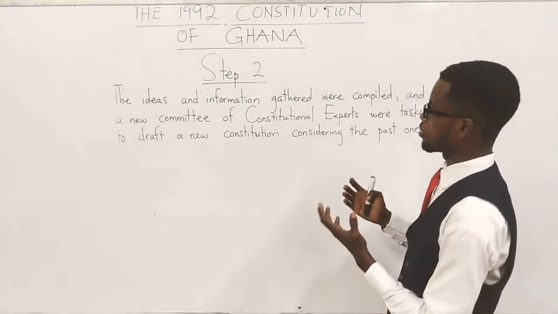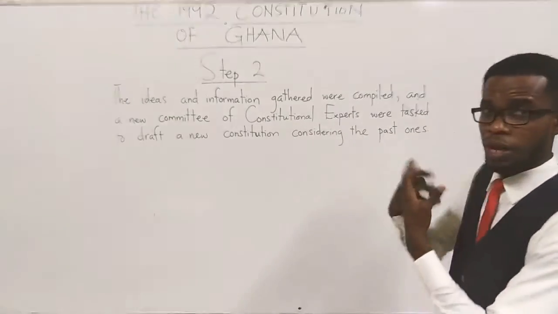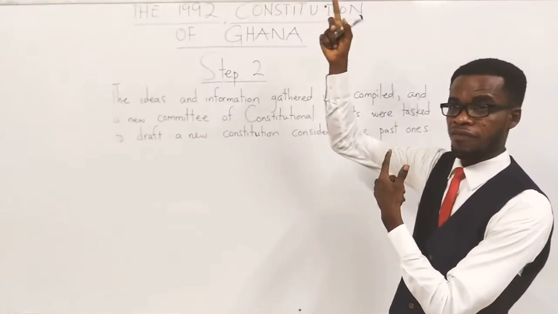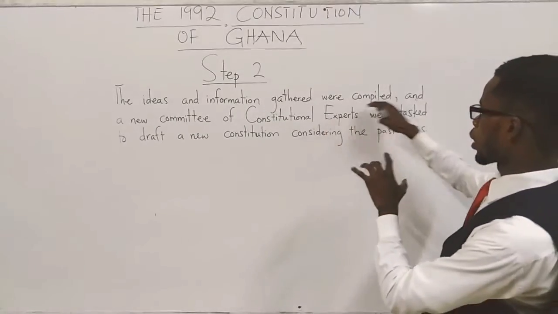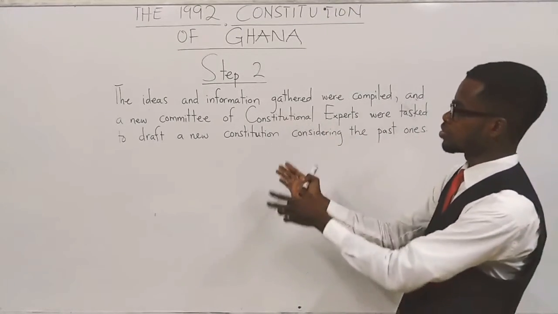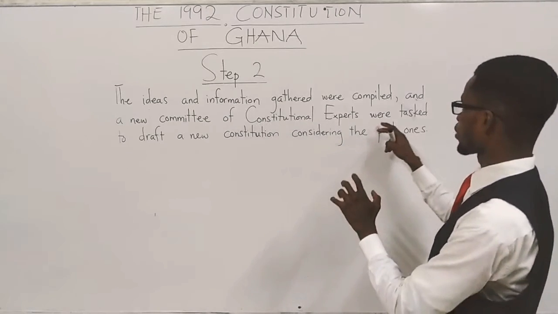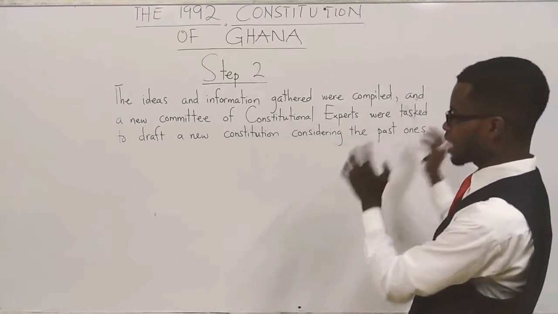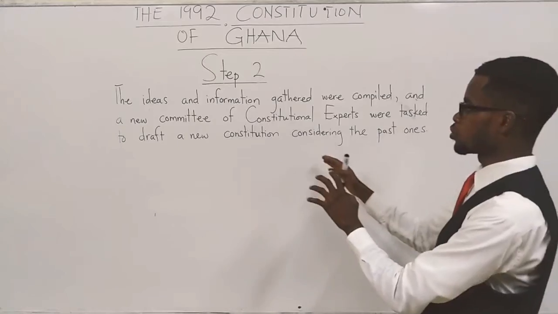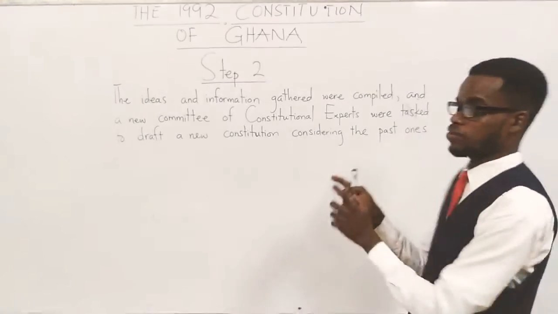So the ideas and information gathered were compiled. Gathered by who? By the D.F. Annan Committee. They were compiled, and a new committee of constitutional experts was tasked to draft a new constitution considering the past ones.